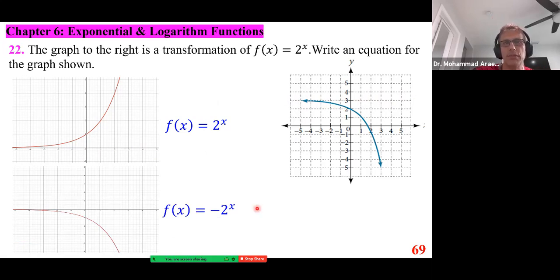Then it's been shifted up by 3 units, which indicates y equals 3 as the new horizontal asymptote.